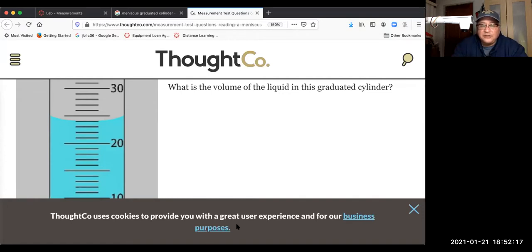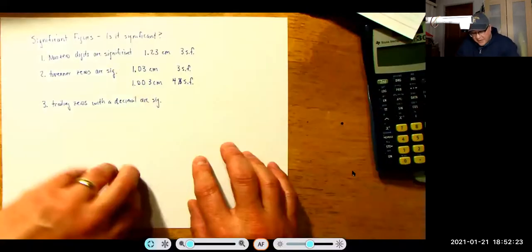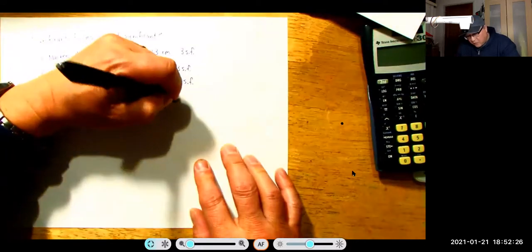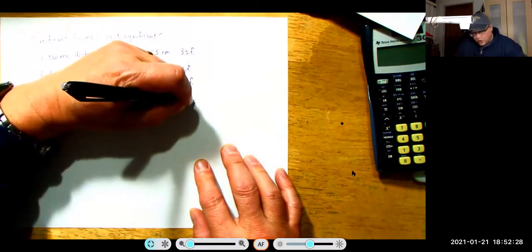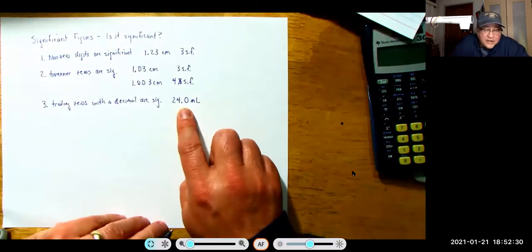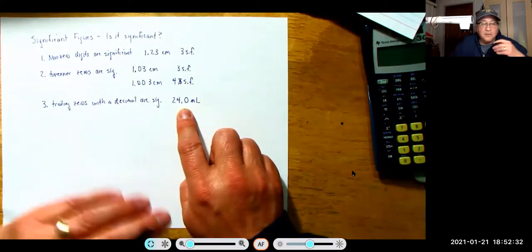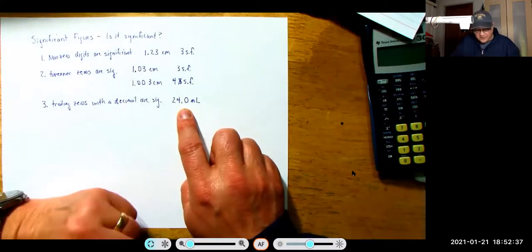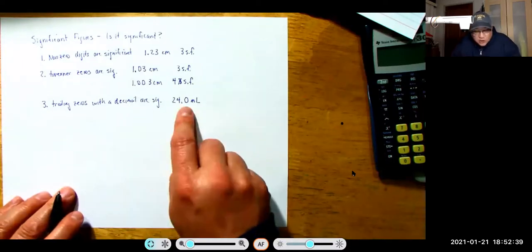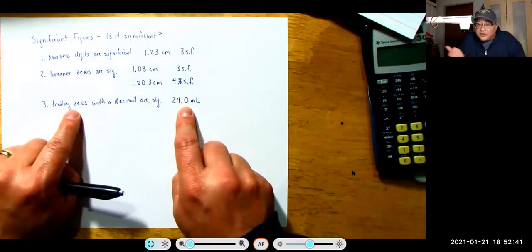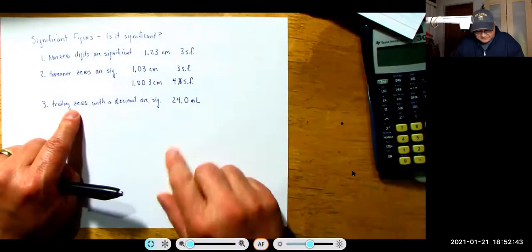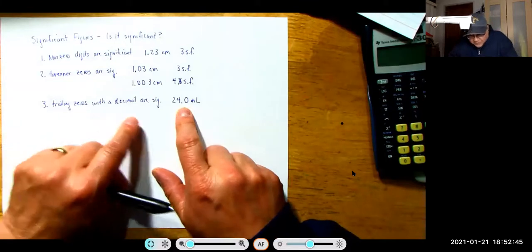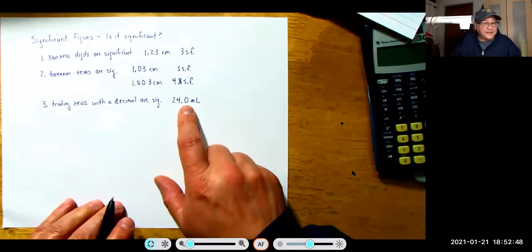So I'm going to do a new share and go back to my notes here. So the value we would write down would be 24.0 milliliters. We're still recording a number. We're still measuring to 1/10 of the smallest unit. This is a trailing zero, so it means a zero to the right of the last non-zero. With a decimal, there's the decimal, that's significant.